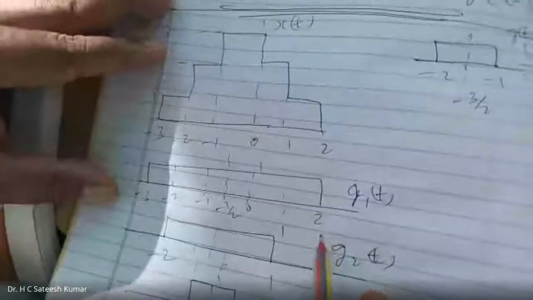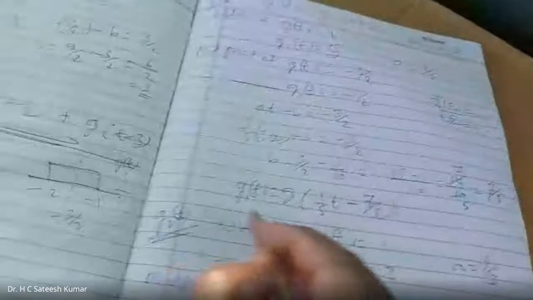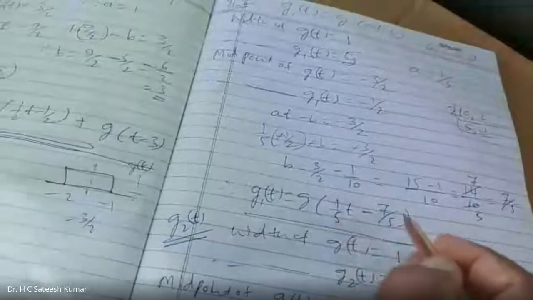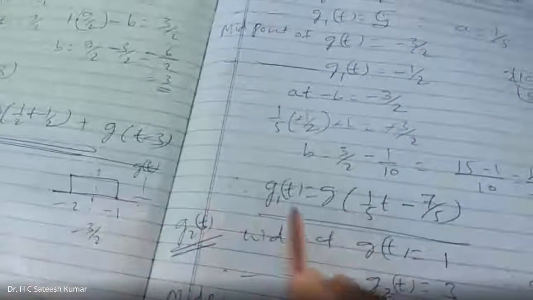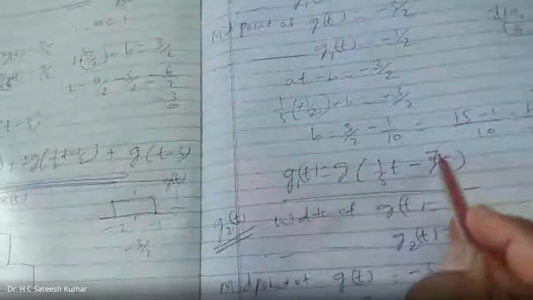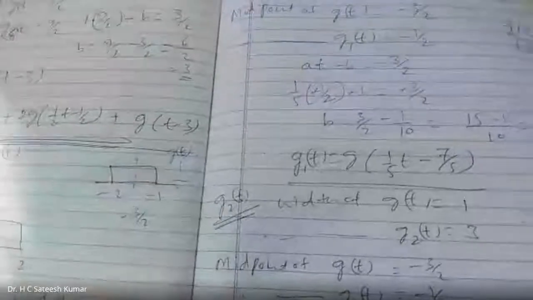You can go back to the original problem and see that left edge is at -3, right edge is at 2. That means g1 of t is equal to g of 1 by 5t minus 7 by 5. So if you take g of t and shift by 7 by 5 to the right and then scale by 1 by 5, you will get back the original sequence.